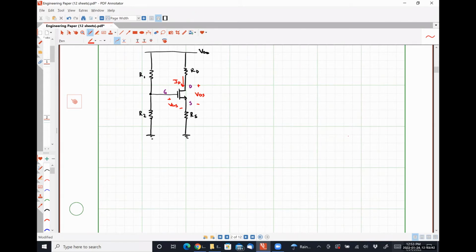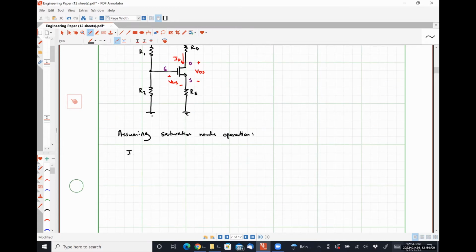So assuming saturation mode operation, we know that our drain current, ID, is equal to 1/2 mu n Cox W over L times VGS minus VTH quantity squared, or 1/2 Kn times VGS minus VTH squared.